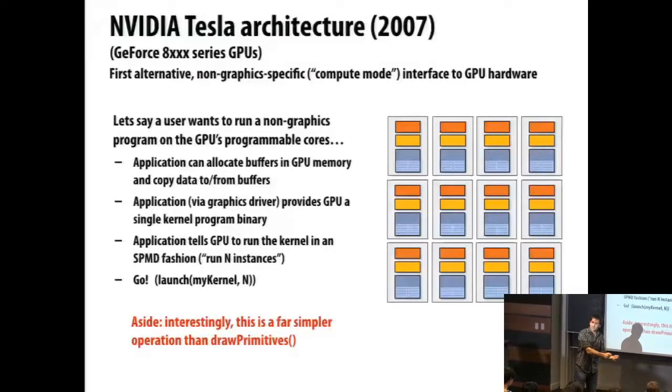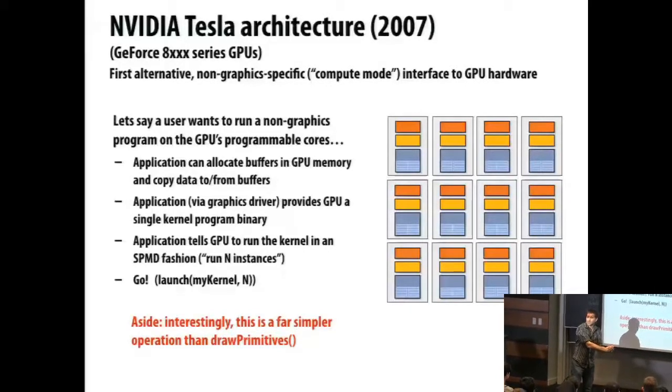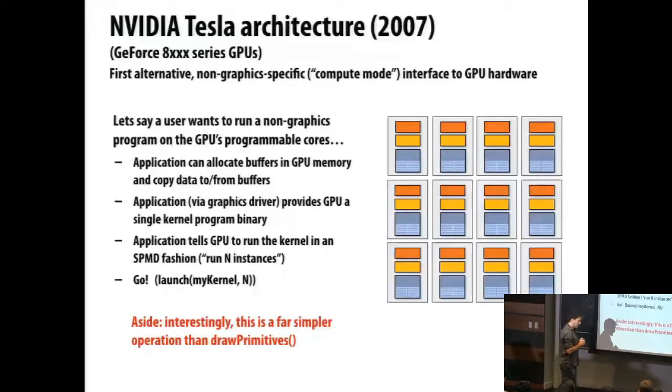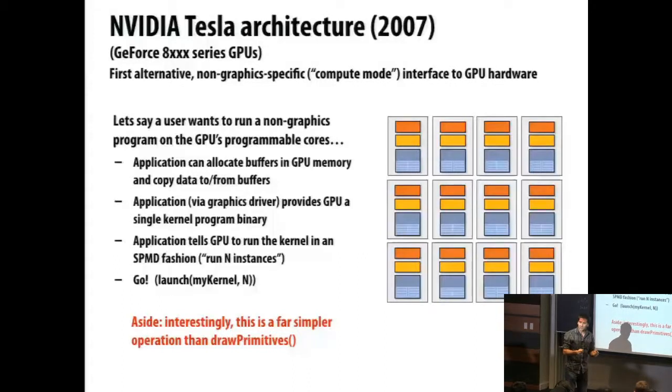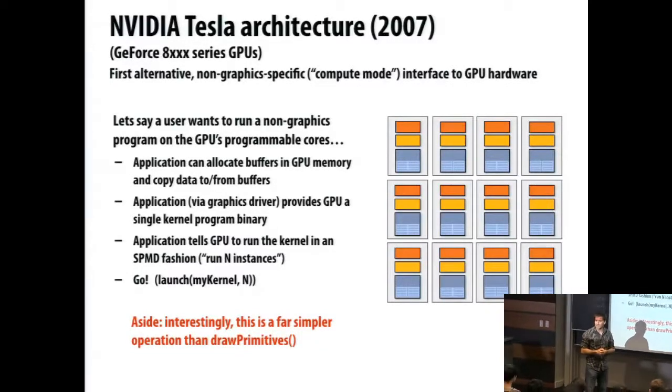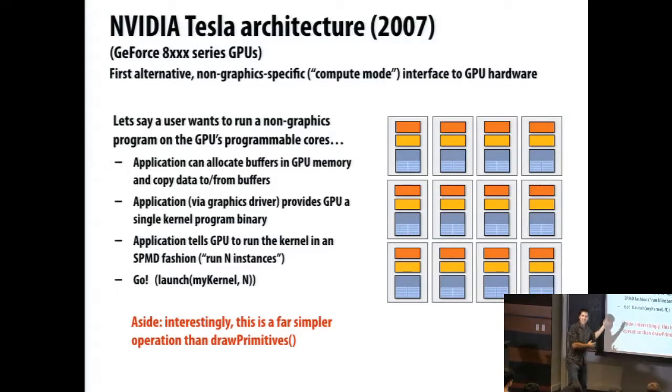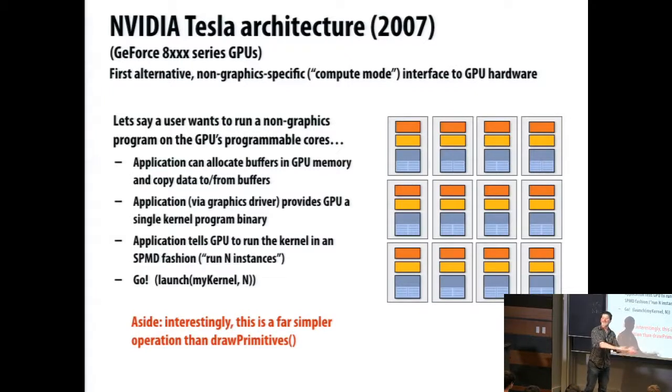It's almost like the operating system telling a CPU, hey, here's a program binary, run it 1,000 times with different values of thread number or something like that. So the data parallelism is actually at the hardware level. Does that make sense? The only thing you can do is say, here's a kernel, here's a program binary, I want you to run it n times.